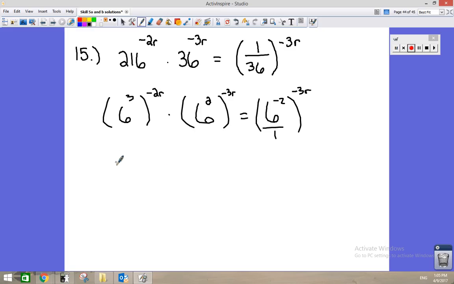We have a power to a power, so we multiply these exponents. Here, multiplication and the base is the same, so we add the exponents.